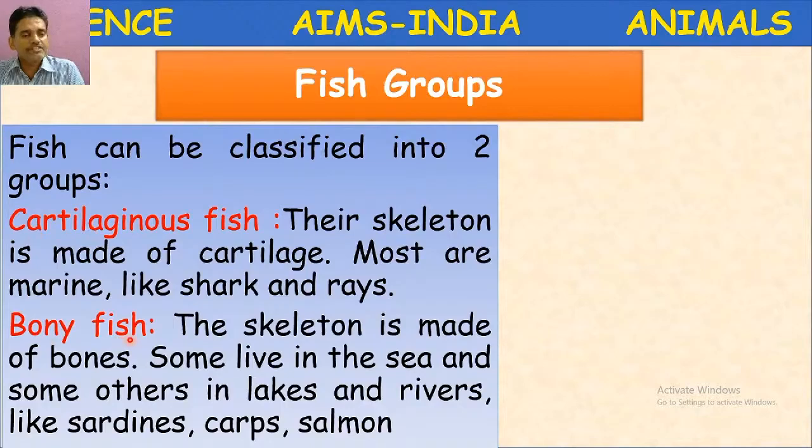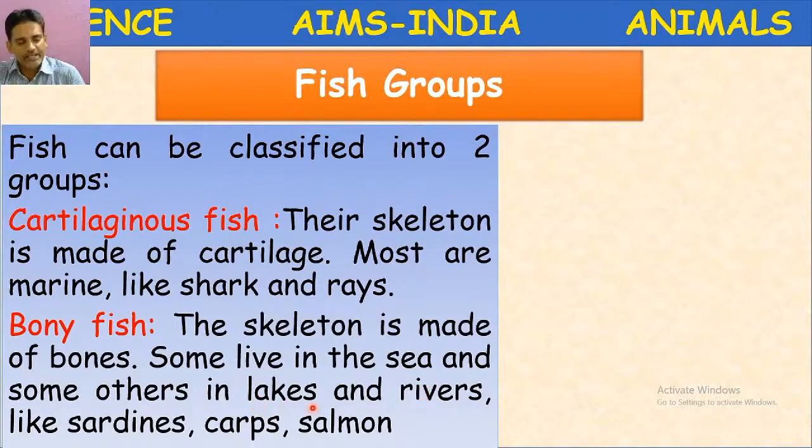Next, bony fish. Bony fish are most common. The skeleton is made up of bones. Some live in sea and some other in lakes and rivers. They live in different habitats: salt water, sea, fresh water, rivers, and brackish water, lakes.